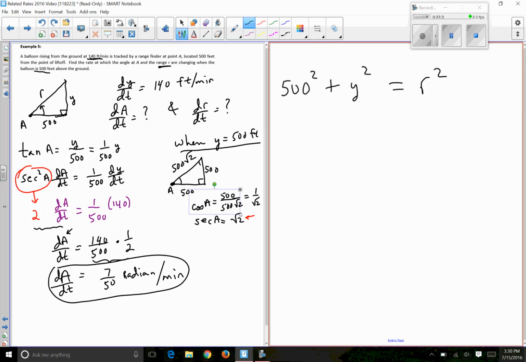So we'll differentiate. The derivative of 500 squared is 0. The derivative of y squared is 2y to the first power times the derivative of y with respect to t. The derivative of r squared is 2 times r to the first power times the derivative of r with respect to t.